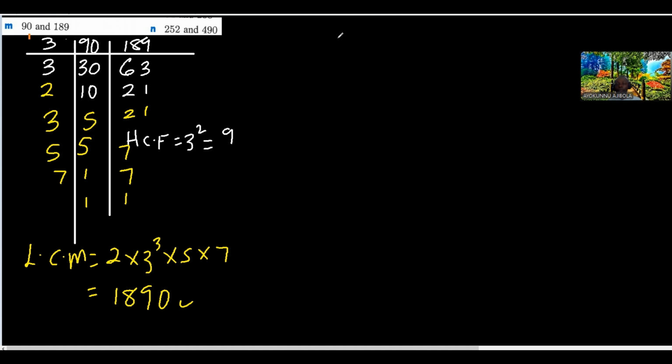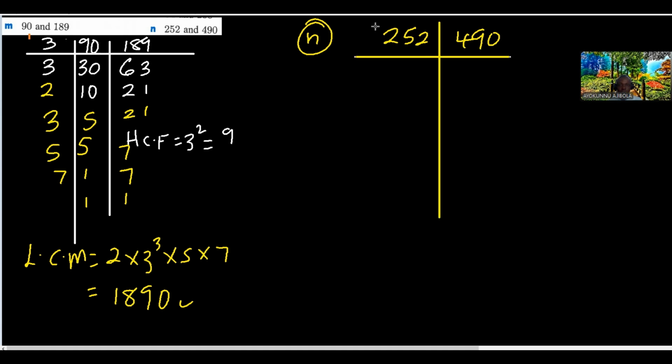Then the last one, another list, which is option N, we have 252 and 490. To find the HCF and the LCM of these two numbers, we also divide through the way we've been doing all of the rest.